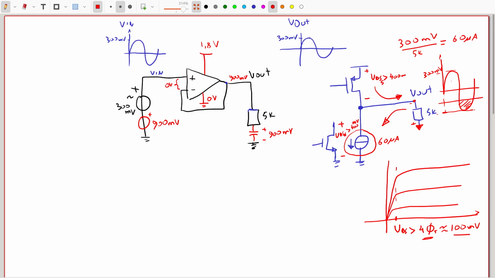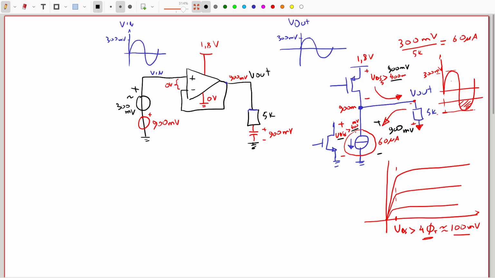And that means that if this is 1.8 volts, my VDS is going to be equal to 900 millivolts on both sides, and in this particular case it is more than enough. If we have 900 millivolts for VDS5 and 900 millivolts here for transistor 6, M6, then I am quite above the minimum 400 millivolts that I need.